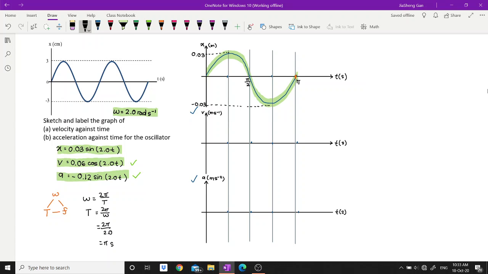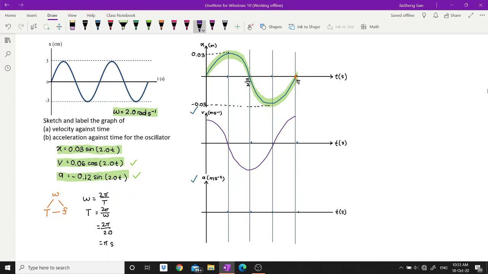So let's move on and draw the velocity time graph then. Okay, the velocity time graph, it's a cosine graph and it's positive. So we can draw the shape to be something like this probably. Going up, coming back up.